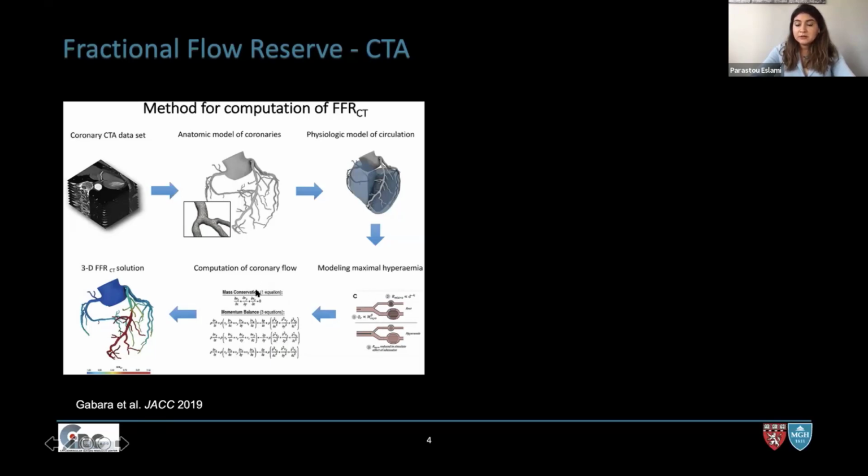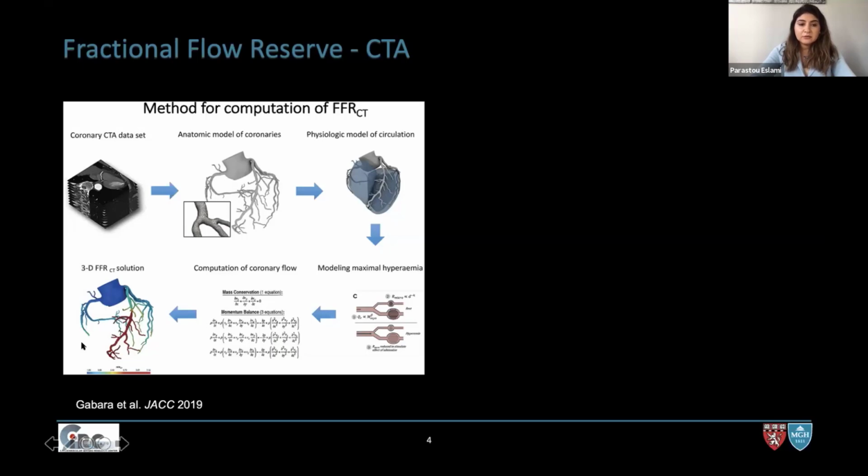Then you input it to your flow solver to solve the Navier-Stokes equations, which are highly nonlinear, and then look at the post-processing information that is extracted from the fluid velocity and pressure information that the flow solver gives us.